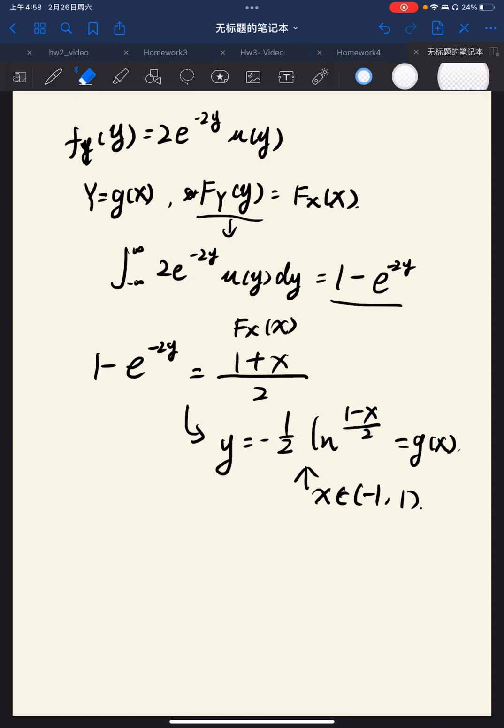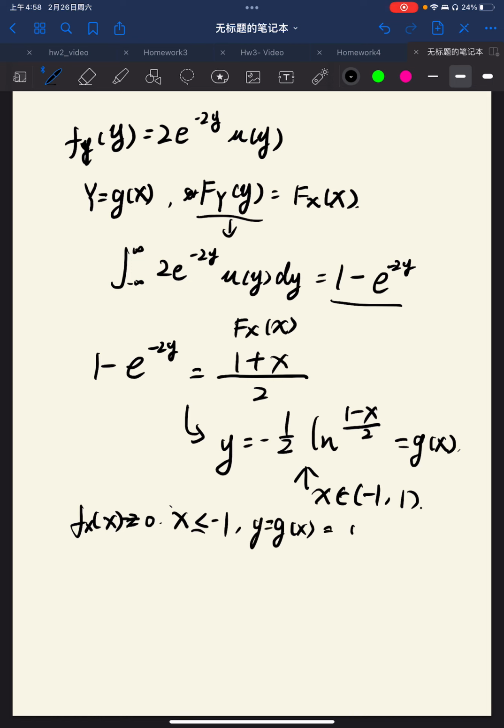Since we know that the PDF of fx is equal to 0 when x is less than or equal to -1, y equals g(x) is equal to 0 when x is less than or equal to -1.